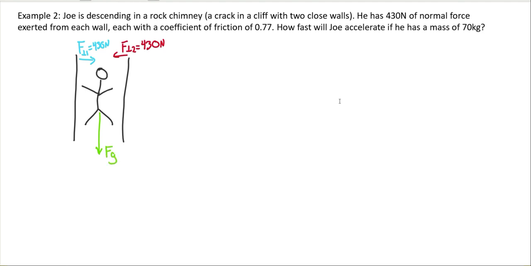Now, what's going to make Joe resist falling down and hurting himself? Well, it'd be the fact that there's friction. There's some friction from wall 1, and friction is going to try to slow him down. So we have force of friction from wall 1, but he's also touching wall 2. So here's force of friction from wall 2.